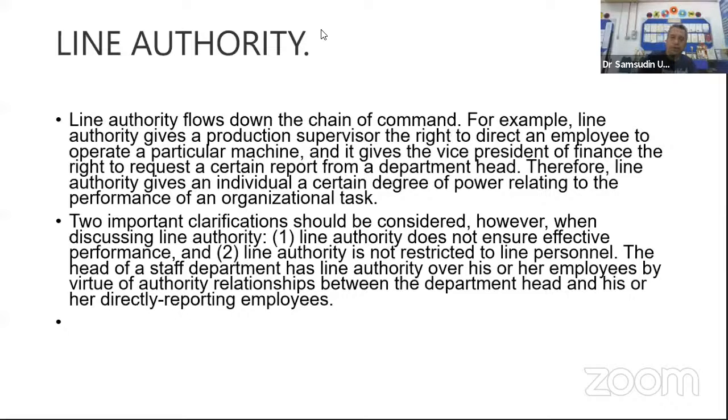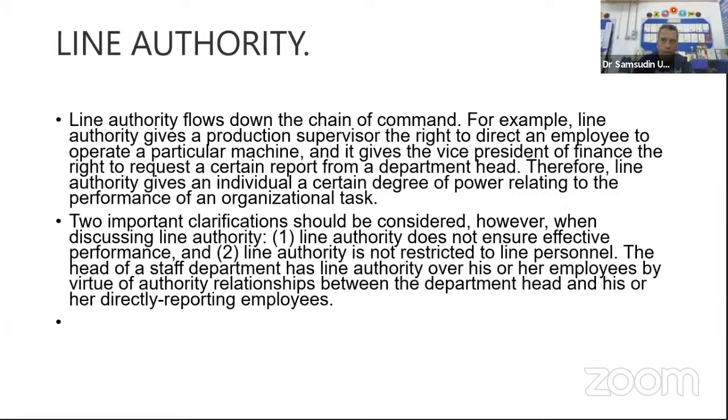Like in Malaysia, which I shared with you just now, we have EO, executive officer. This is an example of a staff structure. After EO, we have CC, chief clerk. After CC, we have general clerk. This is an example of staff.